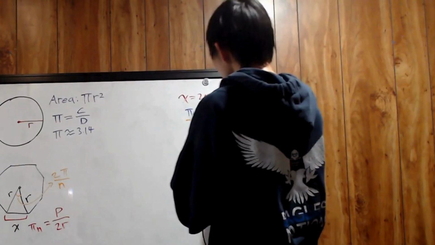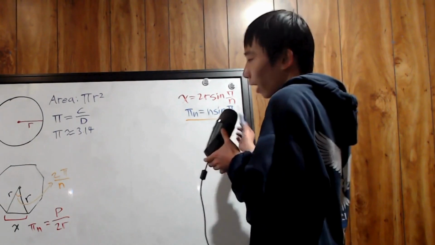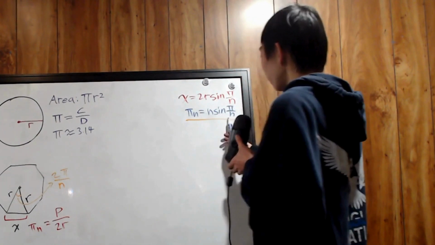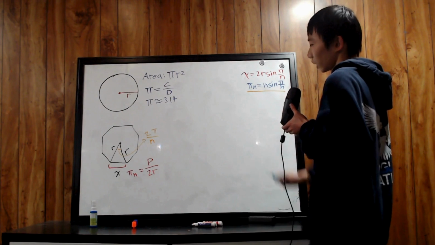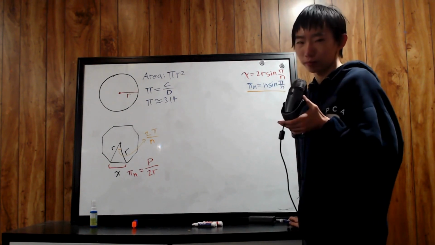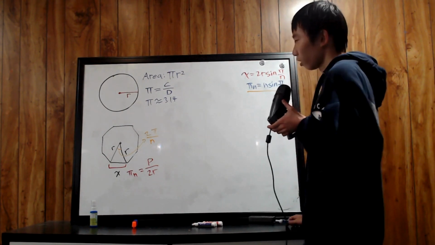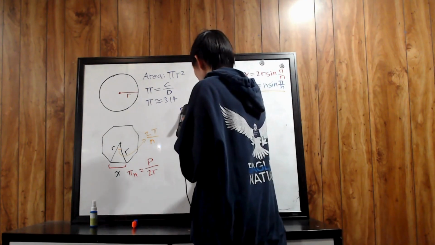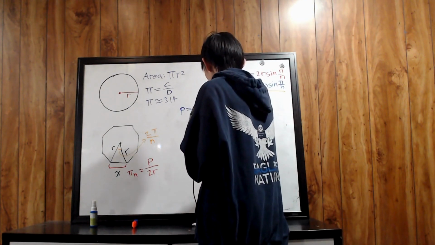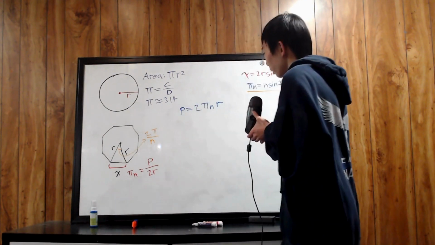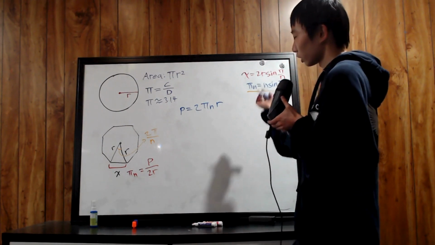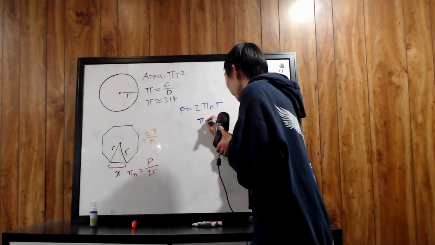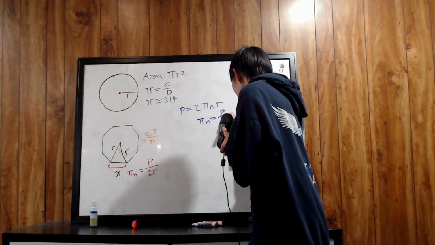So this is the general form of the pi of any regular polygon, right? So how can we use this to calculate the perimeter and area of any regular polygon? Well, the perimeter would just be 2 pi n times the radius. And this is because this is what pi n is literally defined as. We define pi n as the perimeter over the diameter.